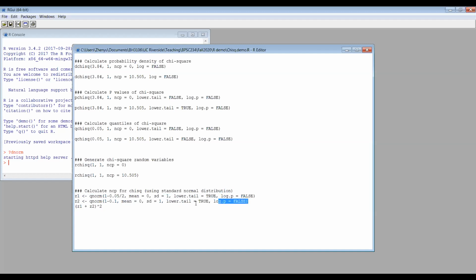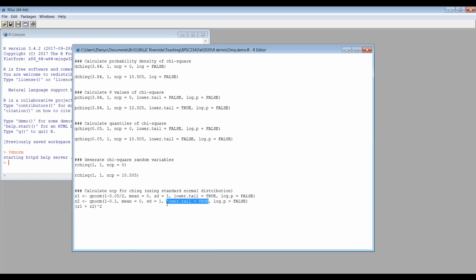And for the second, the z, we can still use the normal quantile function. But here, this is the 1 minus beta, right? So the beta here, the type 2 error, equals 0.1, and we need the power to be 90%. So that's 1 minus 0.1, and still the standard normal distribution, mean equal to 0 and standard deviation equal to 1.